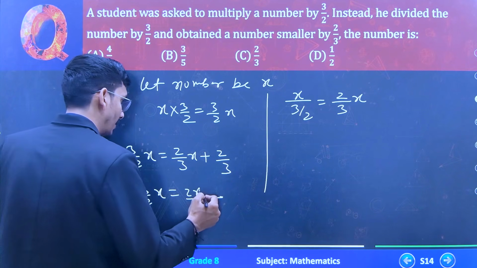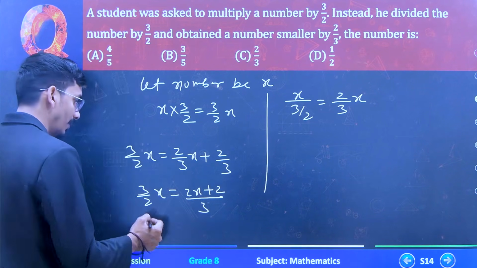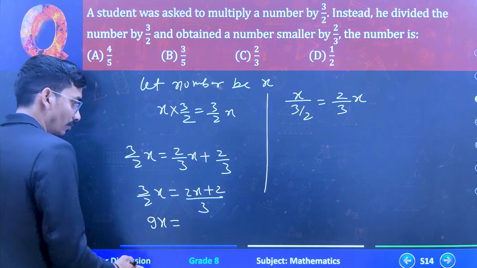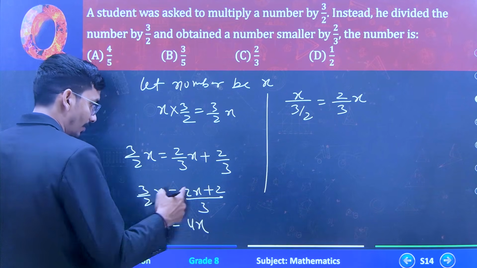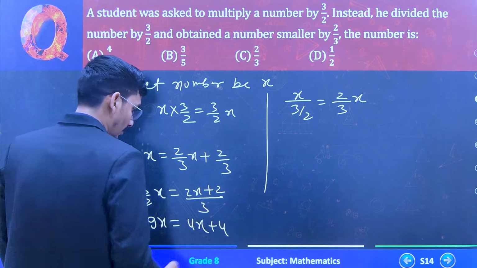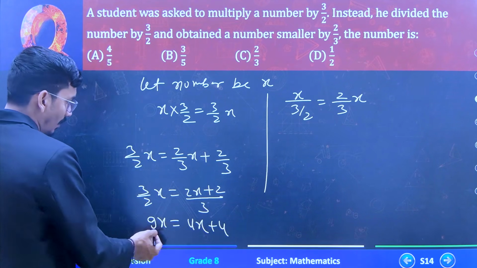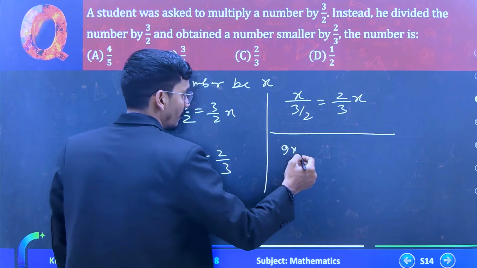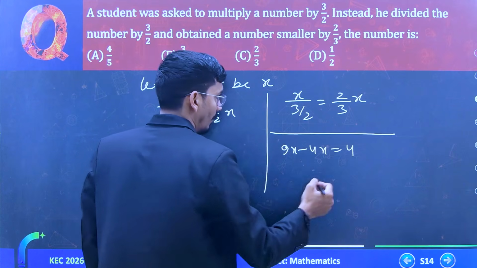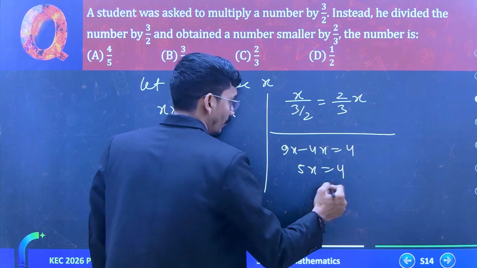So 2x plus 2, cross multiply. So it's 9x equals 2 into 2, 4x, and 2 into 2, 4. 9x minus 4x equals 4. So 5x equals 4.